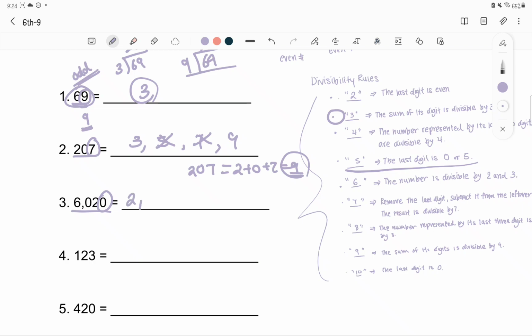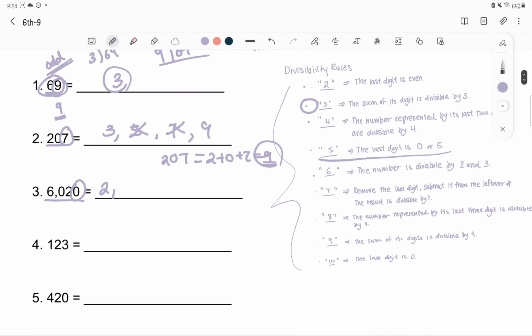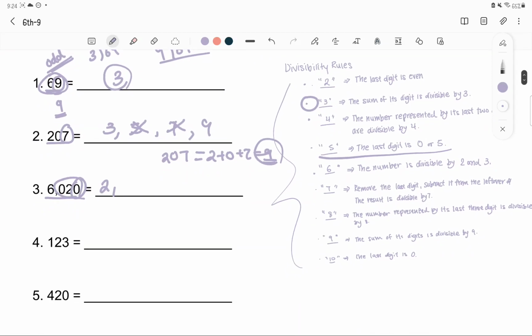So 2 yes and 3 no. 4, okay. The number represented by the last 2 digits has to be divisible by 4. So 20 is definitely divisible by 4. So 4 and 10 are exceptions. Number 5 is also divisible because the last digit is 0.